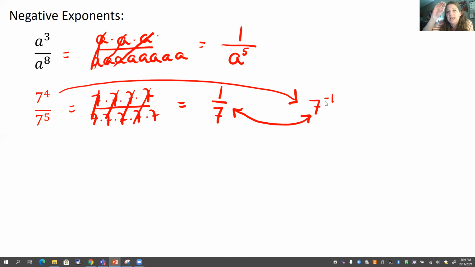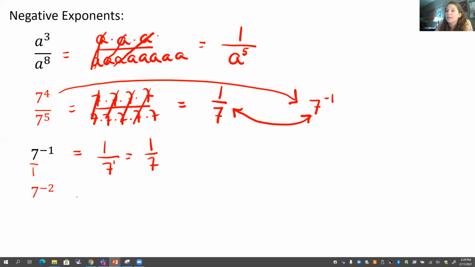And when you take what's in the numerator and move it down to the denominator, that negative sign goes away. So once again, this is equivalent to make that a +1, that's in the numerator. I'm going to flip it down to the denominator. And once I do that, that negative sign goes away. And of course, 7 to the 1st power is just 7.